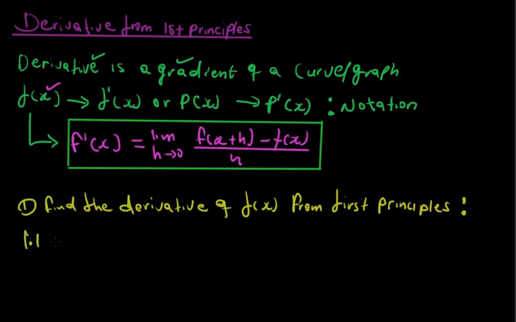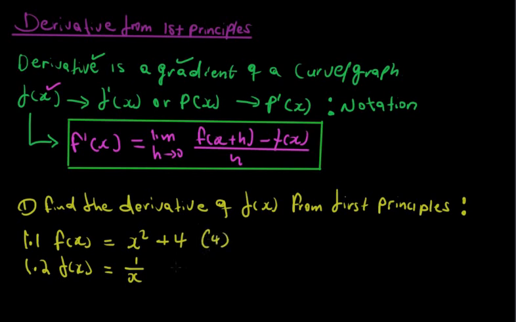Then 1.1, when f of x is equal to x squared plus 4, and question 1.2, when f of x is equal to 1 over x. I think it's 4 marks, and this one would be 5 marks. Then we need to calculate this.